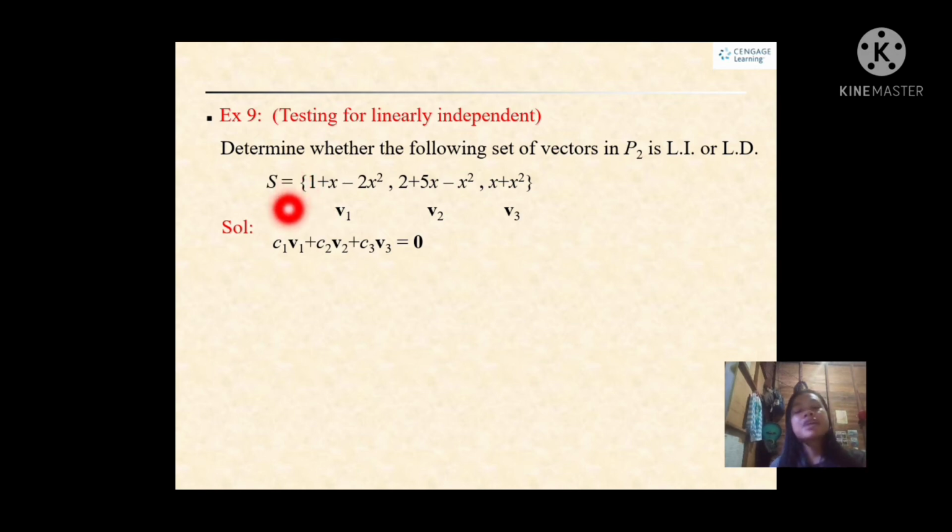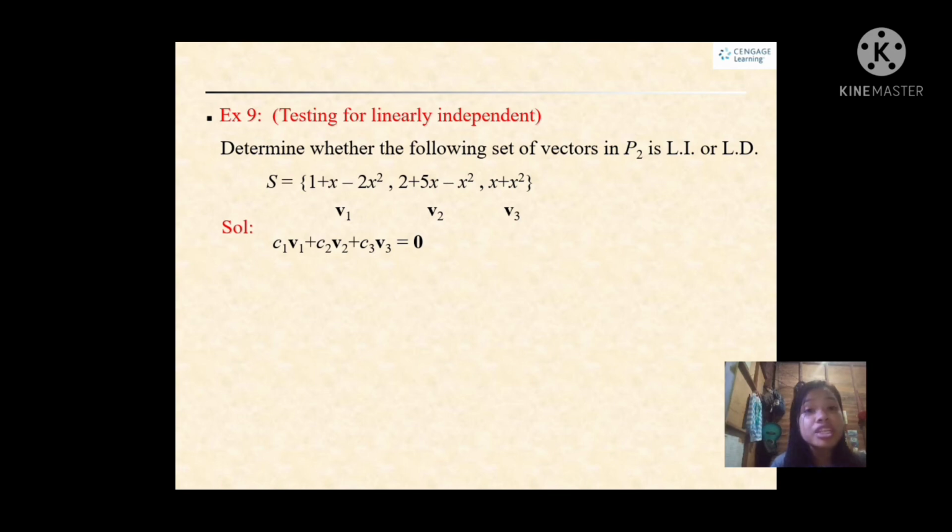For set S, 1 plus x minus 2x squared is the first vector V sub 1, and then 2 plus 5x minus x squared is the second vector V sub 2, and then x plus x squared is the third vector V sub 3.